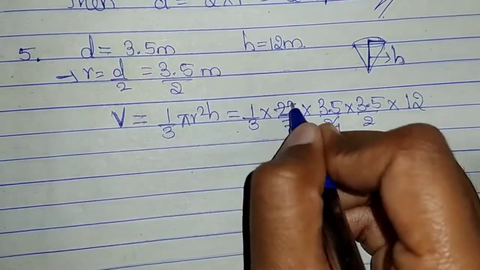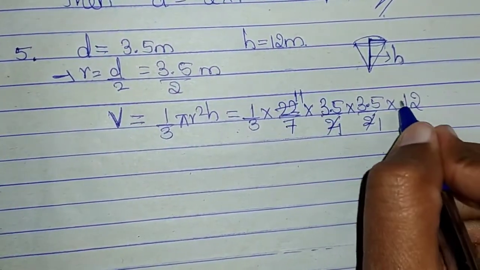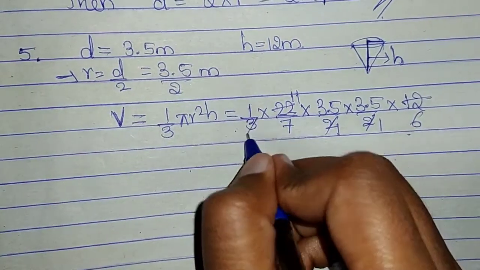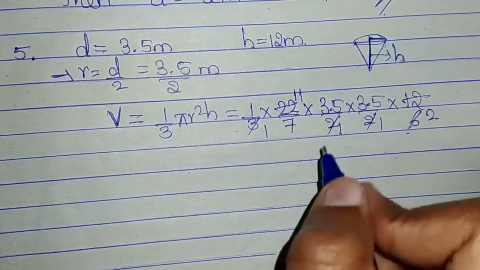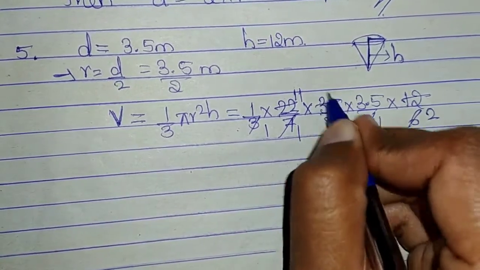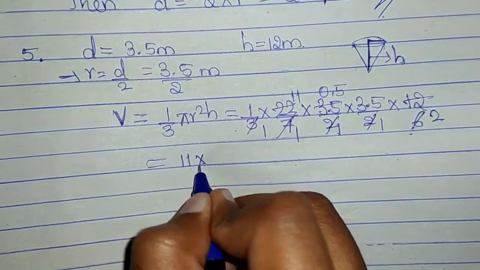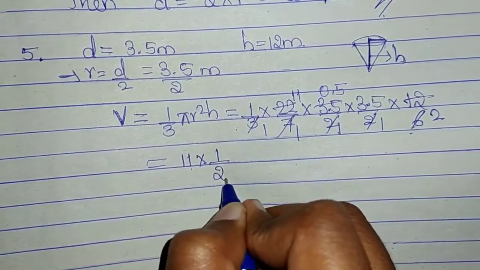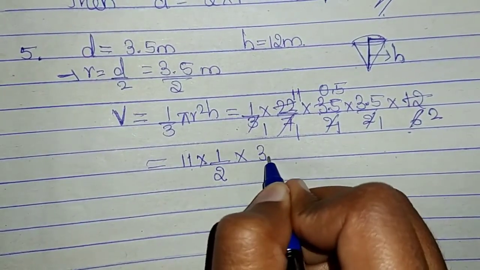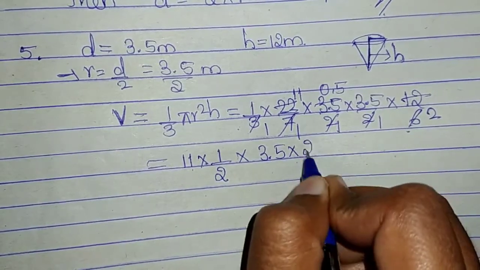So 2 ones are 2, 11s are 22; 3 ones are 3, 2s are 6, 3 ones are 3, and 7 ones are 7, so 0.5s are left. So this is equal to 11 into 0.5, can be written as half, into 3.5 into 2.